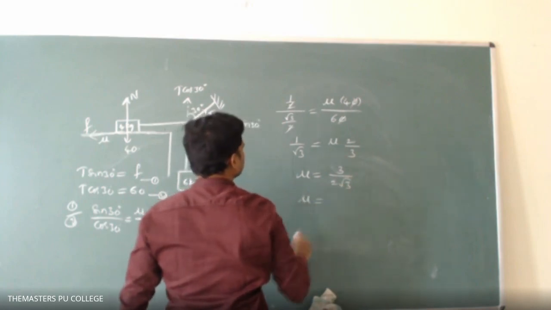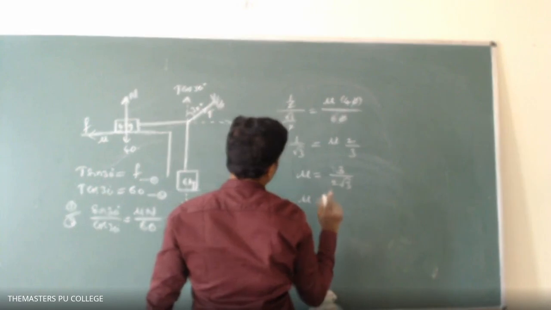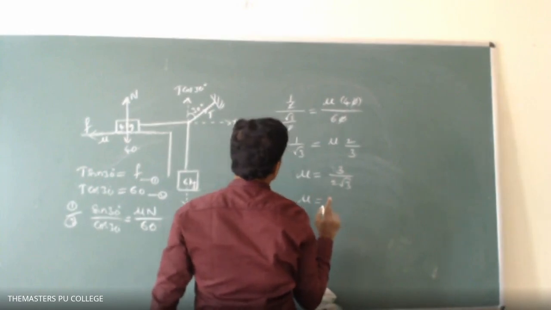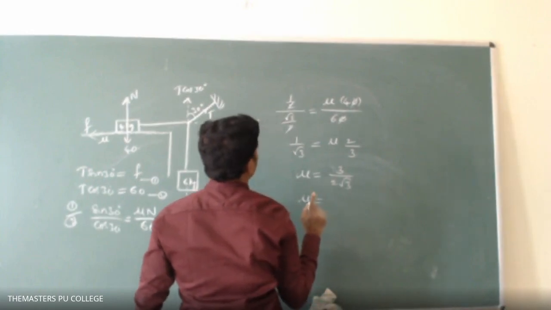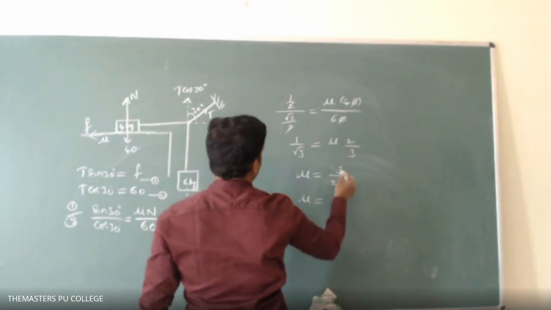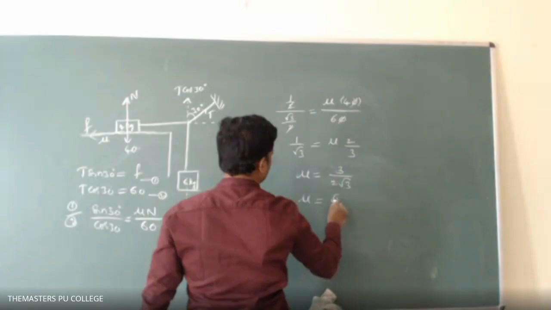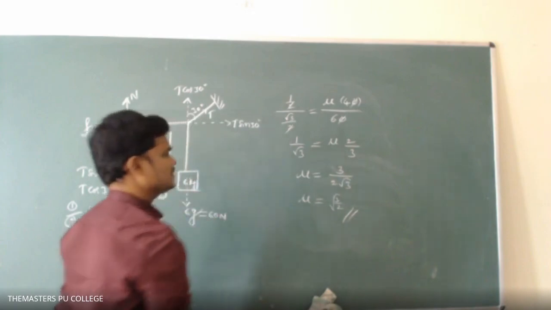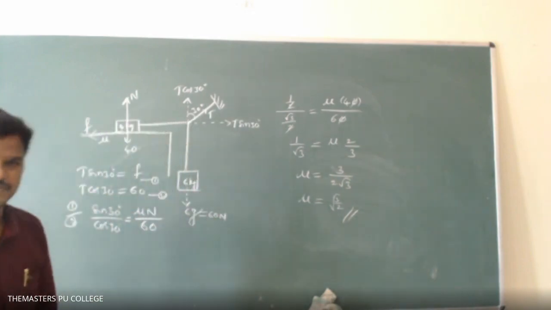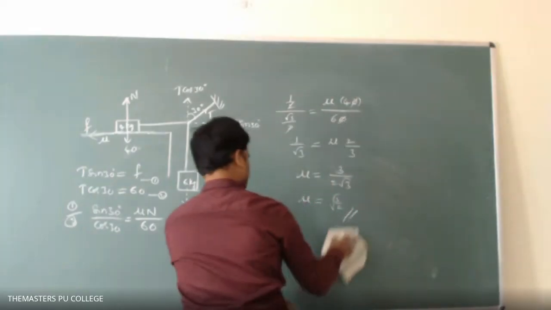Check the calculations, everyone. Root 3 by 2. Verify the calculations. It is not root 2, it is root 3 by 2. Okay.